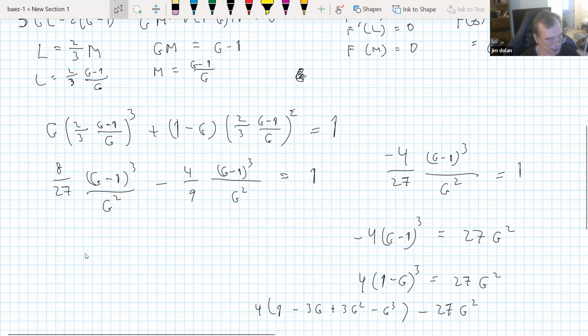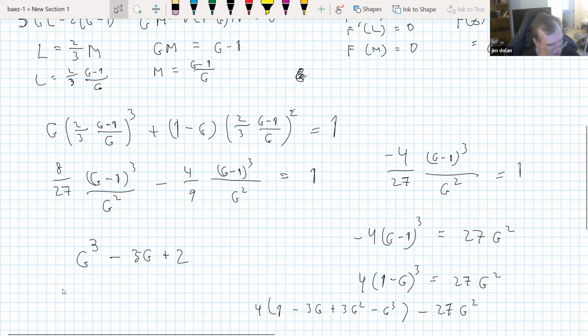I think it ended up being G cubed minus 3G plus 2. Except the signs might have been reversed from that. Does this one factor?